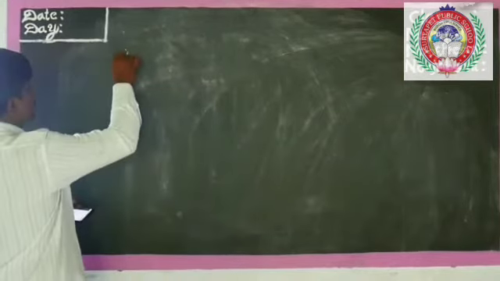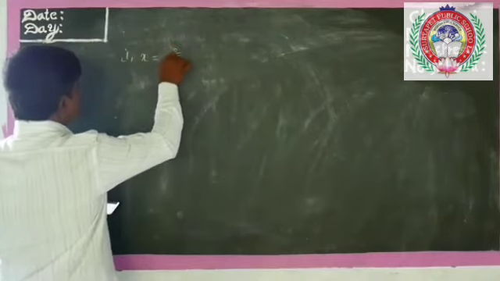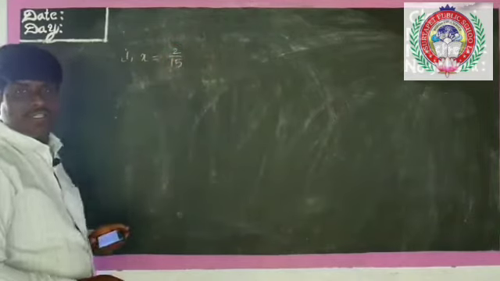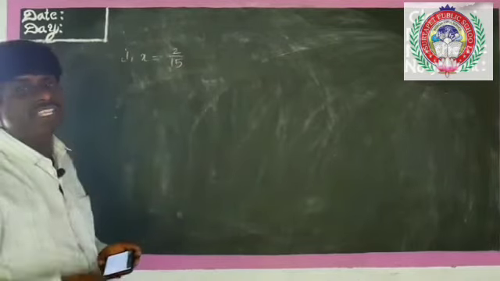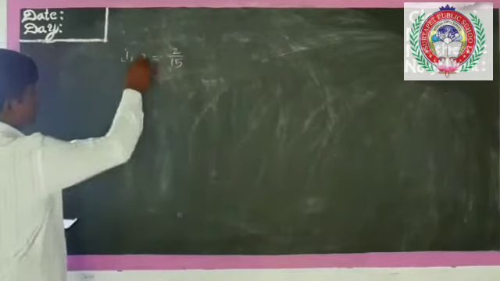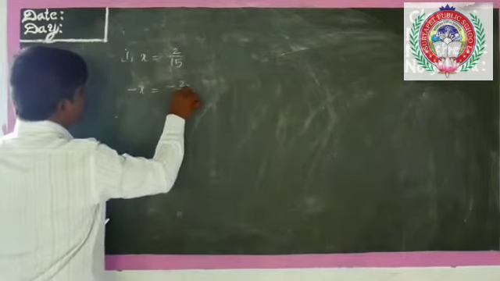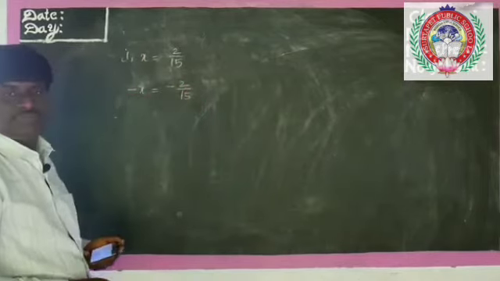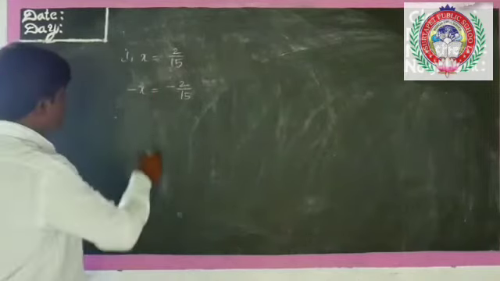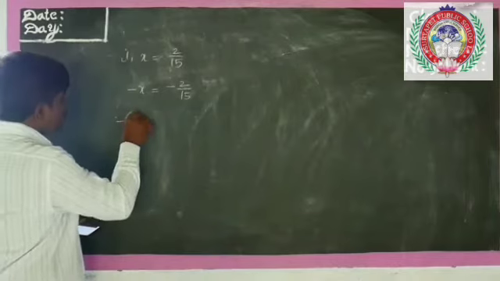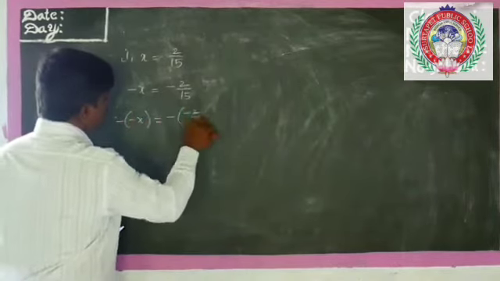So number 1 is x equals 2 by 15. Now let us multiply both parts with a negative sign, so minus x is equal to minus 2 by 15. Again let us multiply both parts with a negative sign, so minus of minus x is equal to minus of minus 2 by 15.